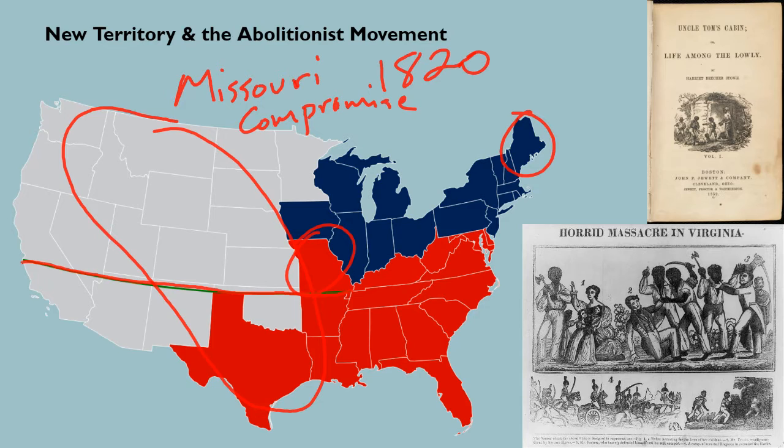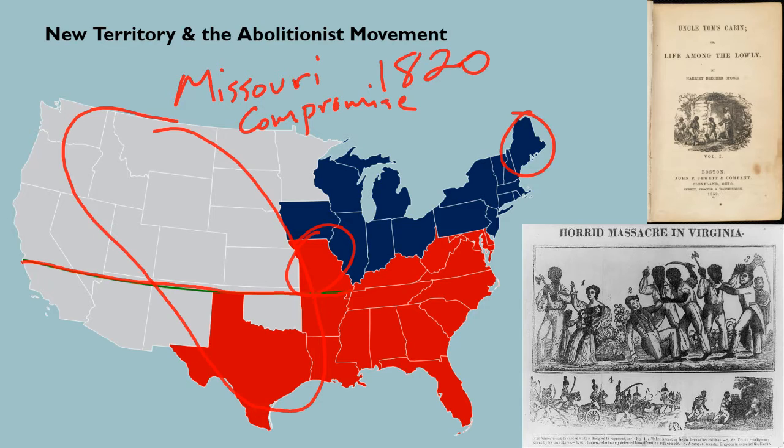Okay, and this was significant because it basically officially divided the United States between North and South, with the North being free and the South being slave states. And this really only heightened tensions between the North and the South, particularly with the abolitionists in the North and the pro slavery people in the South.